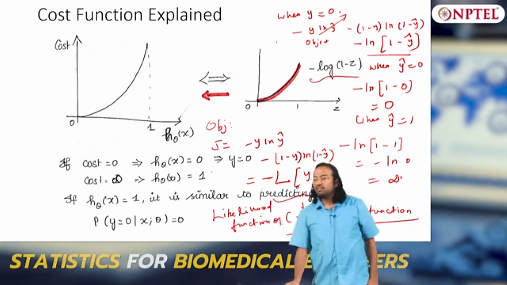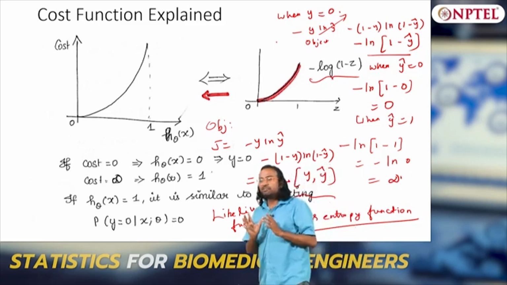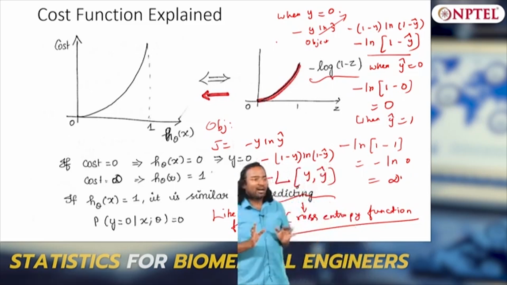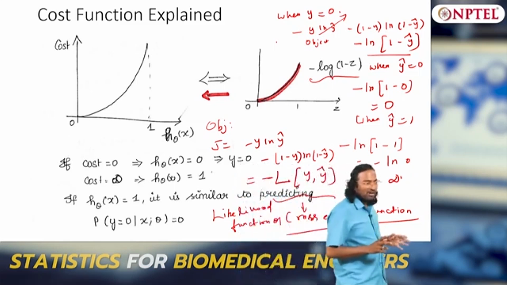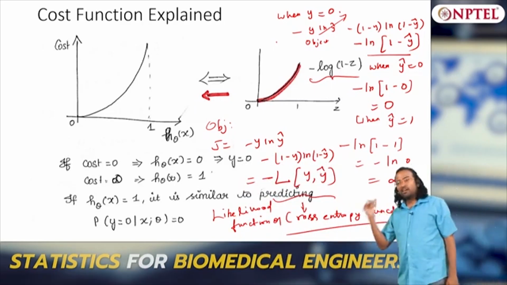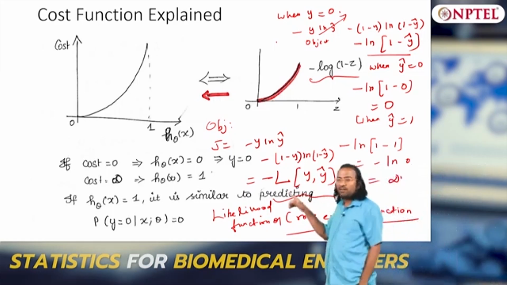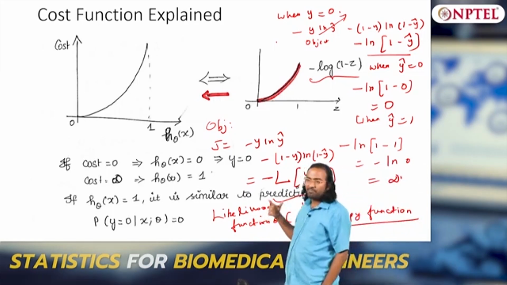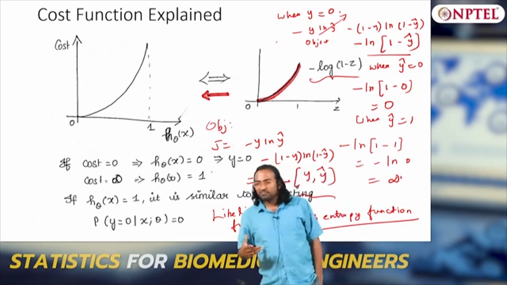Clear? Make sense? So this is my new objective function. You would only know mean squared error, which is for prediction problems, meaning continuous outputs. This is for classification problems, that is predicting discrete outputs. Clear?